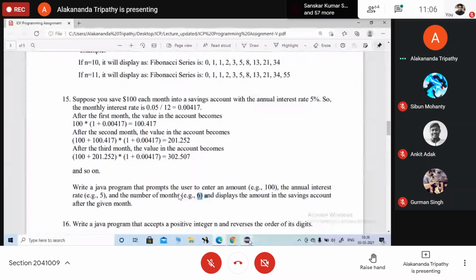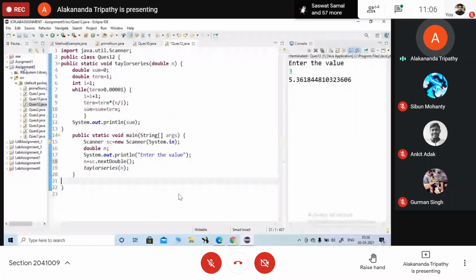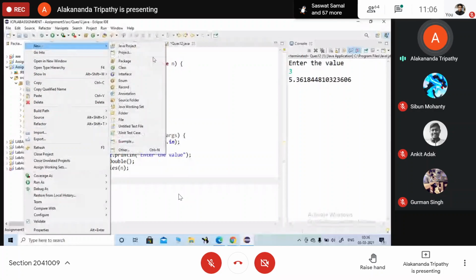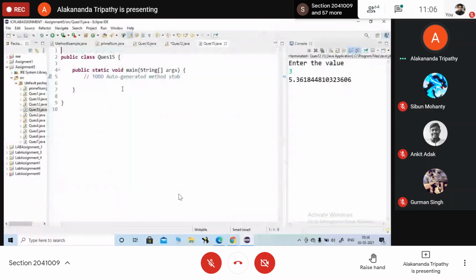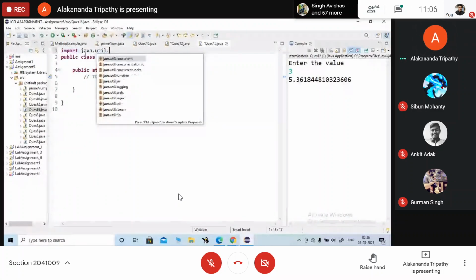Okay. Now check the solution for it. This one is question number 15. Question 15. Import java.util.Scanner.